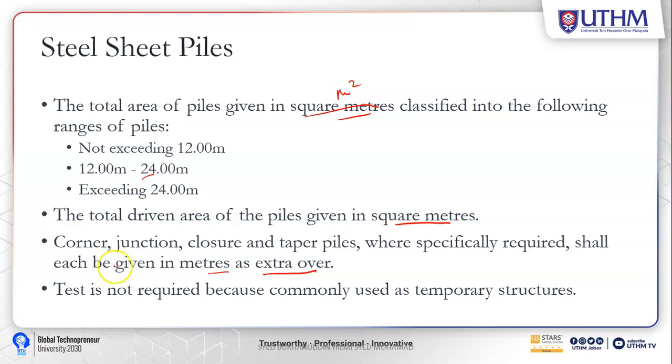And then testing is not required because it is commonly used as a temporary structure. Basically in construction, this steel sheet pile acts as slope protection, just a temporary structure for the slope protection or the basement construction.